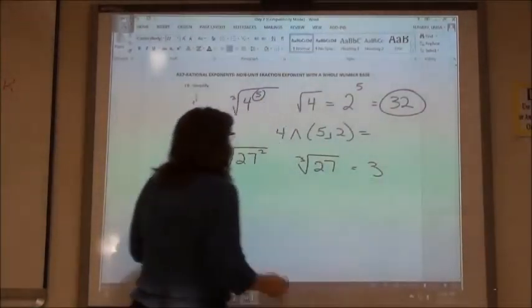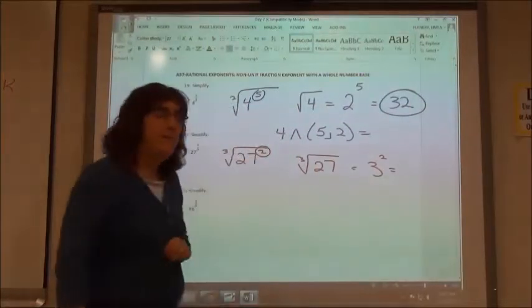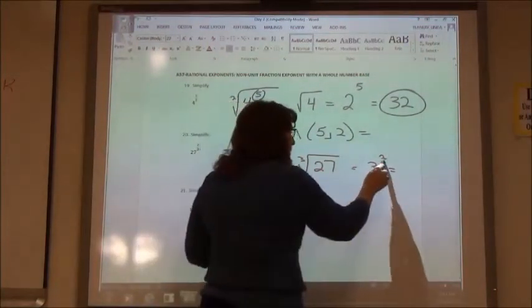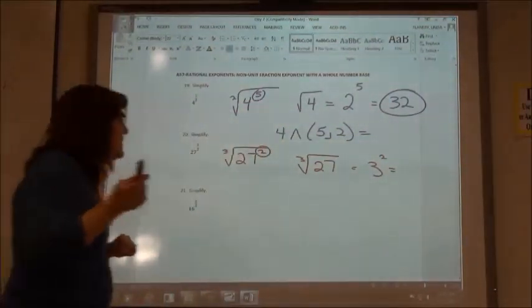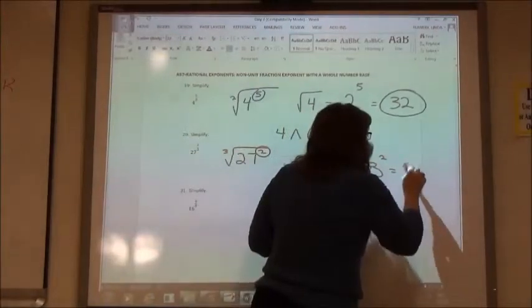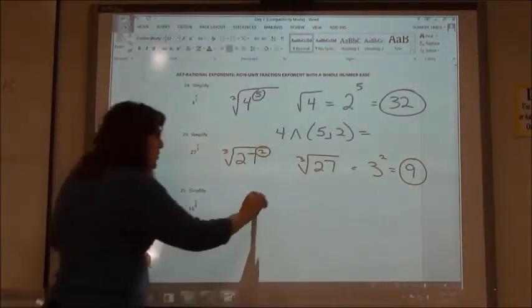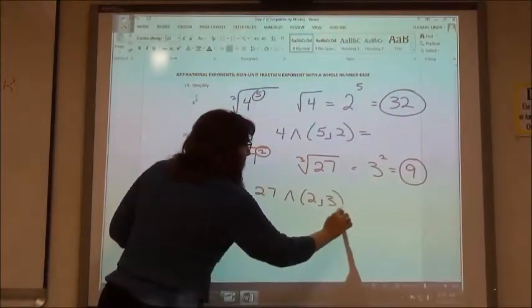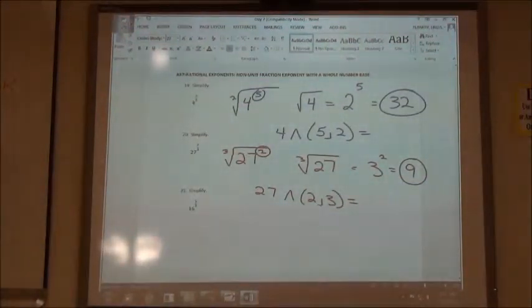So now I'm going to take the 3 and square it. 3 squared, to the 2nd power, is 3 times 3, 9. Again, if you wanted to check it, you would do 27 to the 2/3 power, and you should come up with 9, right?